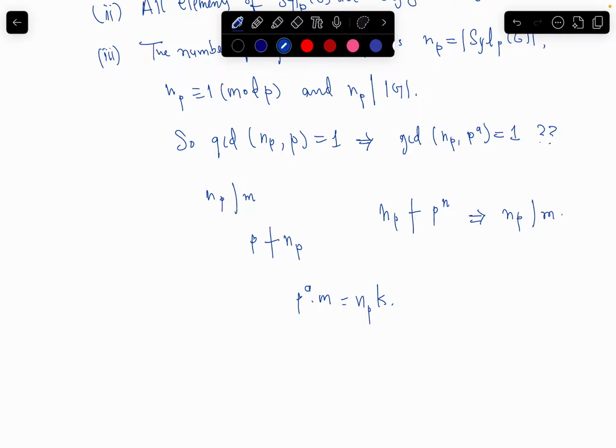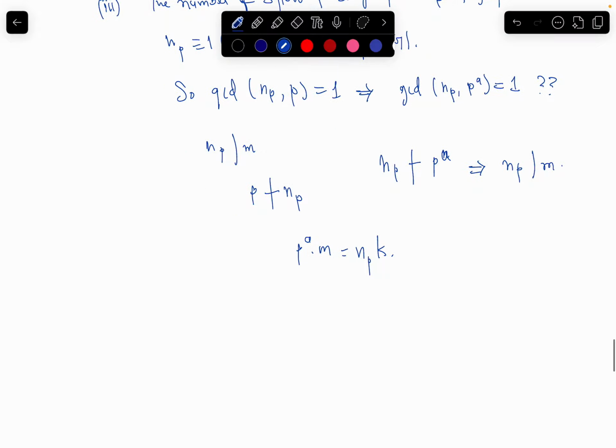Since n_p does not divide p power a, their GCD is 1, so n_p times x plus y times p power a is 1.